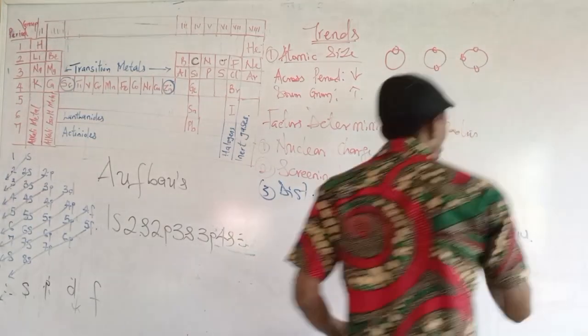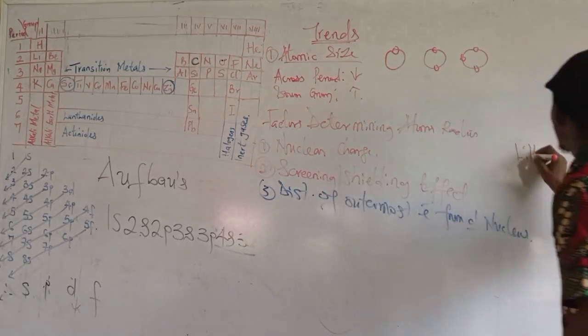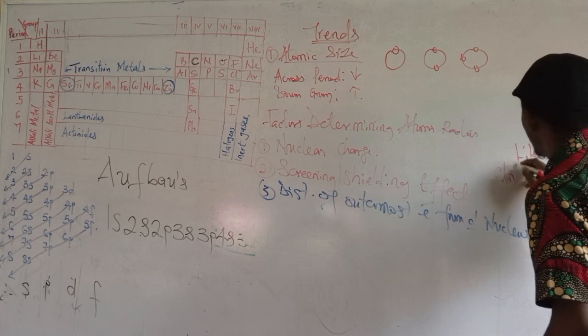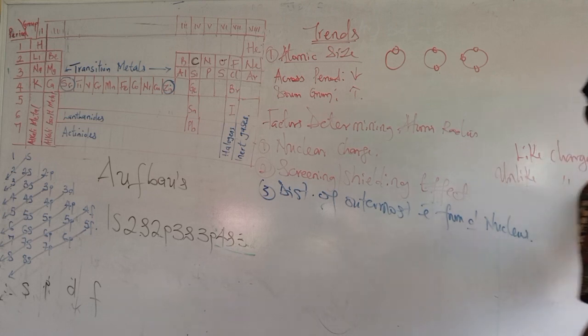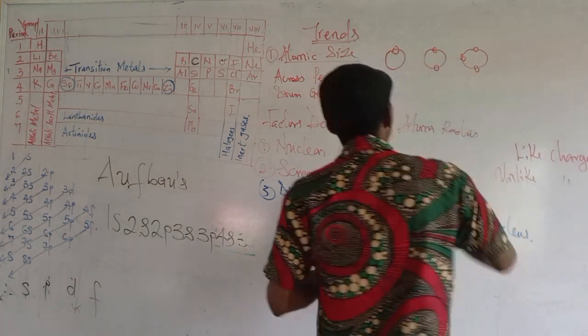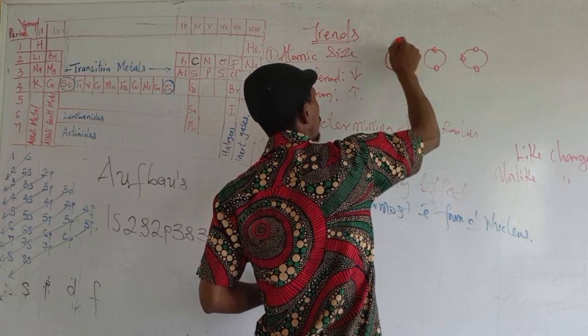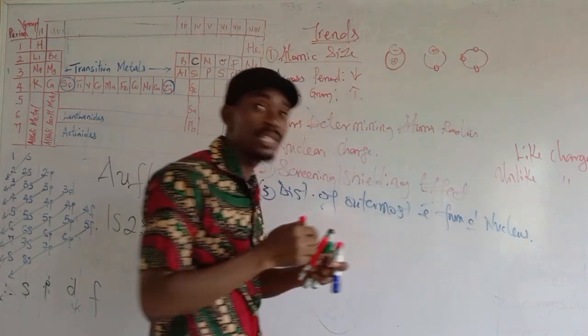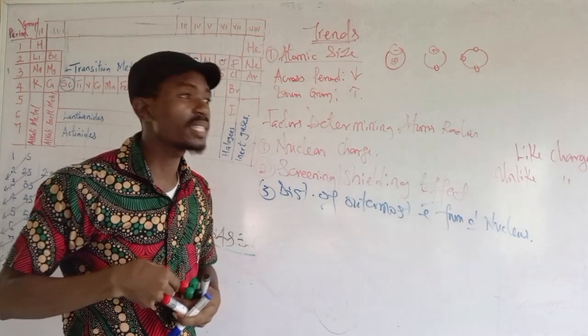And of course, there's a law that says like charges repel and unlike charges attract. Positive will attract negative, while negative will repel negative. So, electrons are negative, of course, we know that, okay? While the nucleus is positive because it contains the proton, which is positively charged.